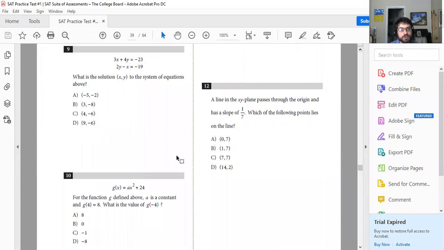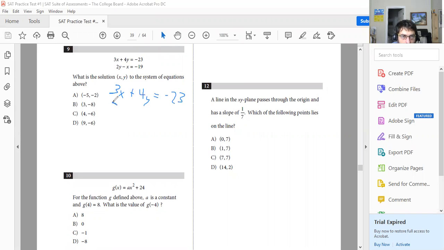What is the solution to the system of equations? So we're going to be solving this. We could use either substitution or elimination. It doesn't make a huge difference which way you choose, but I just noticed we need to rearrange the equations so that x and y match up.